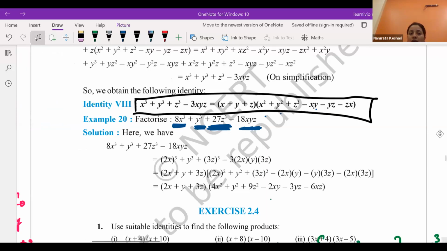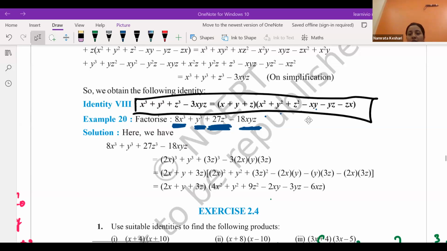Yes, Aleph, just now I was talking about identity number 8. This is a new formula and today this is the last formula from here. So x cube plus y cube plus z cube minus 3xyz is equal to (x plus y plus z) in one bracket. In another bracket, x square plus y square plus z square minus xy minus yz minus zx.